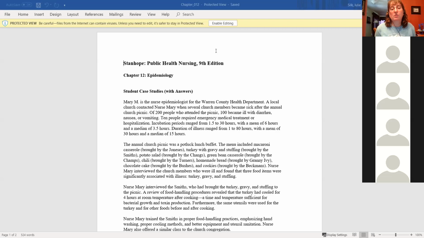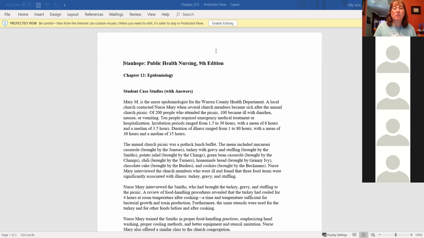Nurse Mary interviewed the Smiths who brought the turkey, gravy, and stuffing to the picnic. A review of food handling procedures revealed that the turkey had cooled for 4 hours at room temperature after cooking, a time and temperature sufficient for bacterial growth and toxin production. Furthermore, the same utensils were used for the turkey and for other foods before and after cooking.